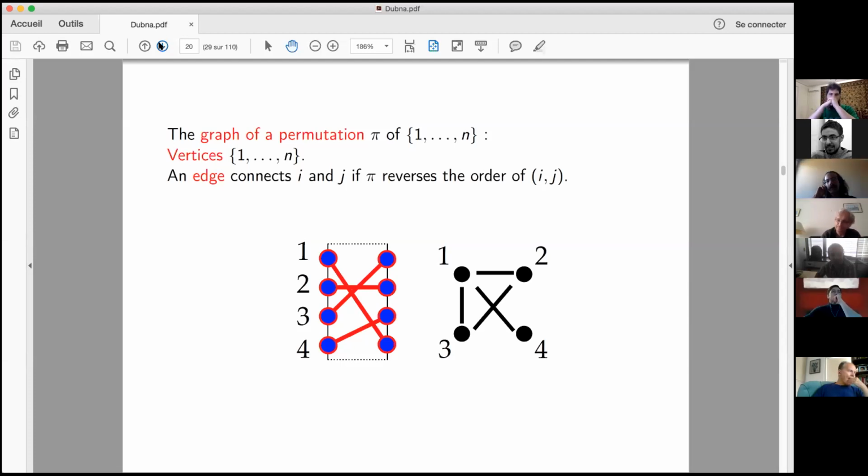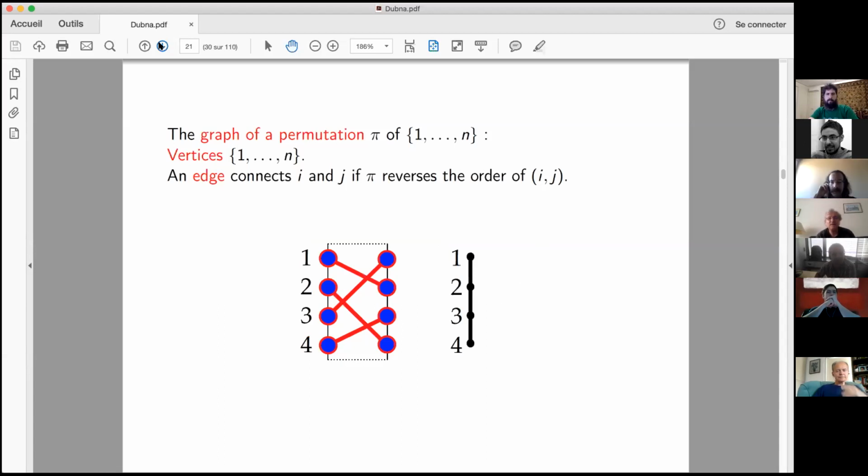However, the graphs that we get in this way are very, very specific. So let me explain that. First, before I explain that, look at the graph associated to the Conceivage permutation. It has 4 vertices, 1, 2, 3, 4, and they are connected exactly like a chain of 3 intervals and 4 vertices. Okay.